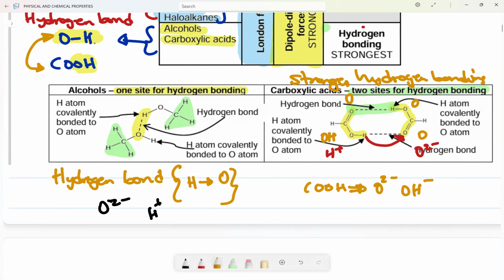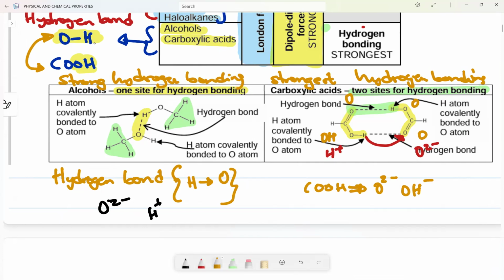This one, let me say strongest hydrogen bonding. Then this one is just stronger. Let me just say strong hydrogen bonding, like that.